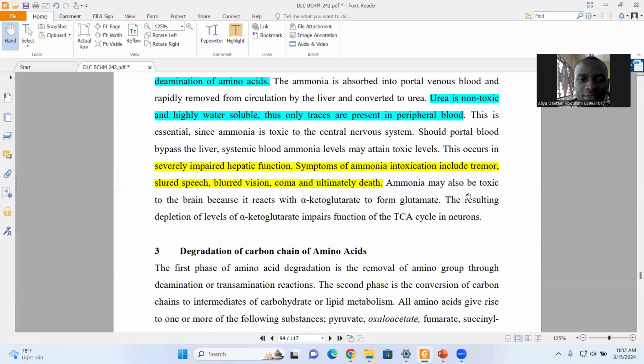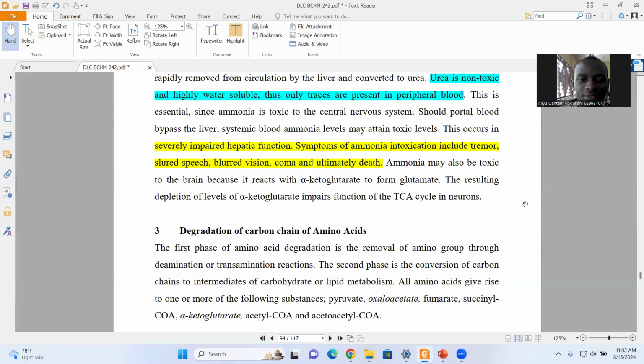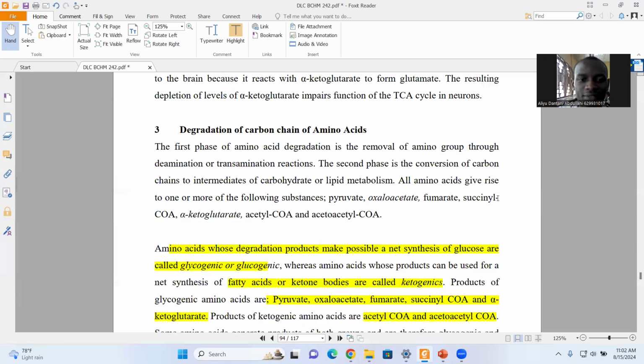I've already explained everything that needs to be explained here. Ammonia intoxication symptoms include tremor, slurred speech, blurred vision, coma, and ultimately death. The body usually converts ammonia very quickly to urea to be excreted from the cell because ammonia is very dangerous.